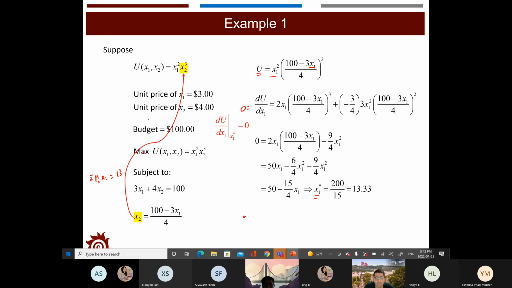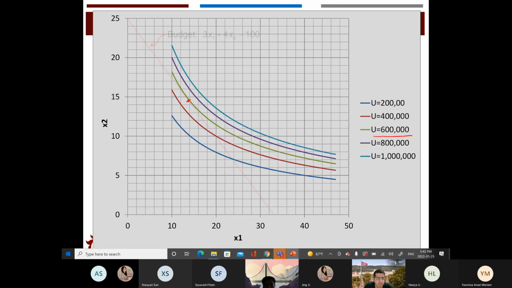But if the utility function is very complicated, I will recommend you to use the figure instead of solving it by hand or through the equation directly. So it's quite flexible. You can either use the equations or use the figure to do it.